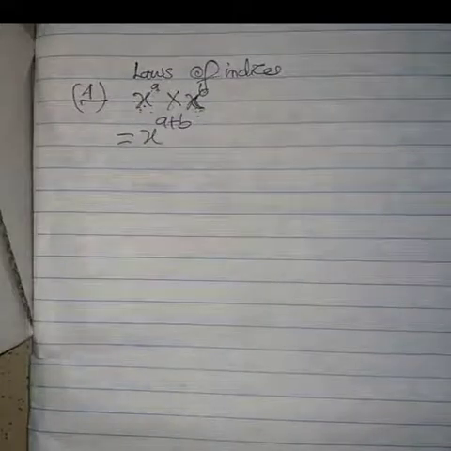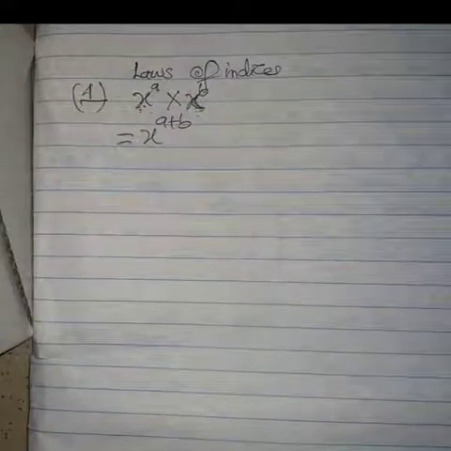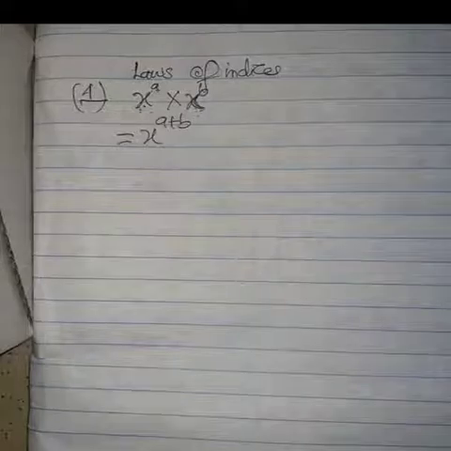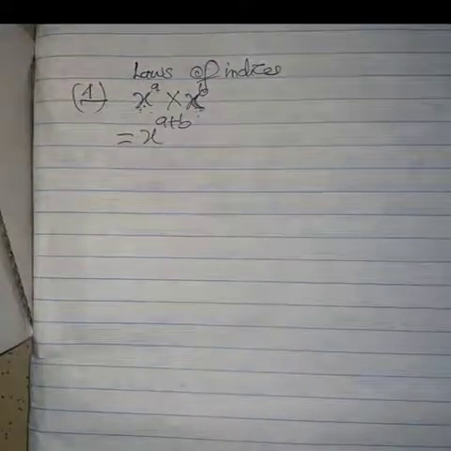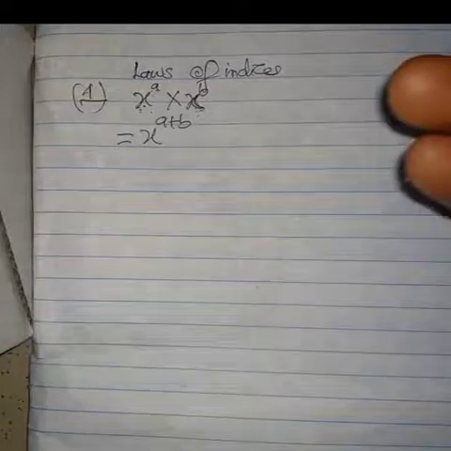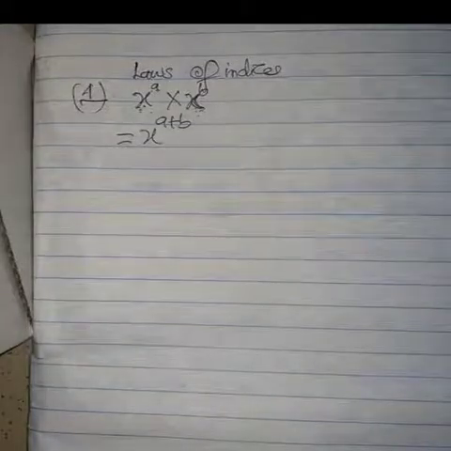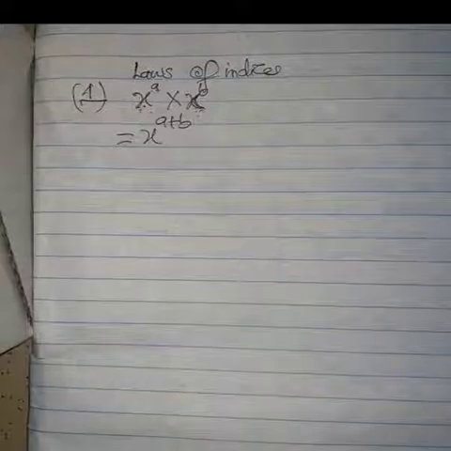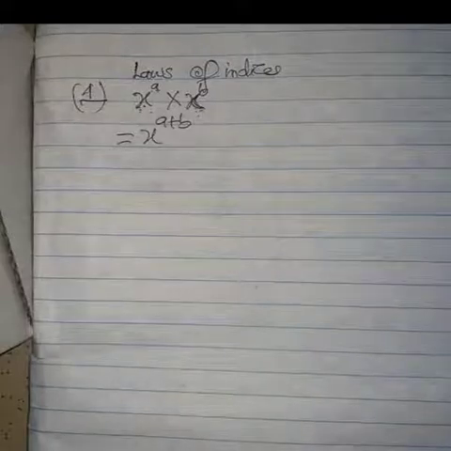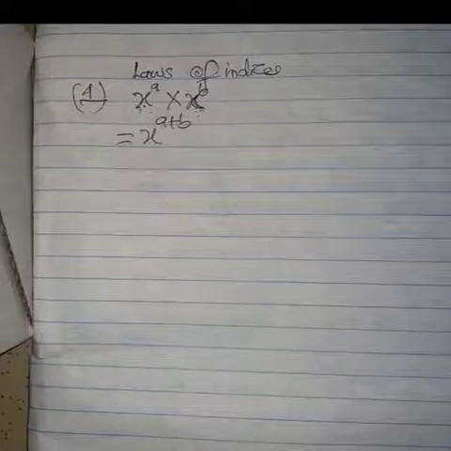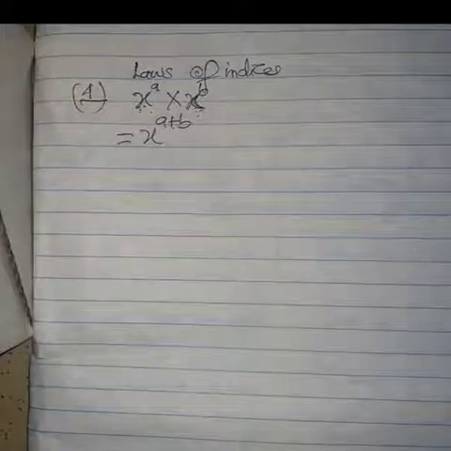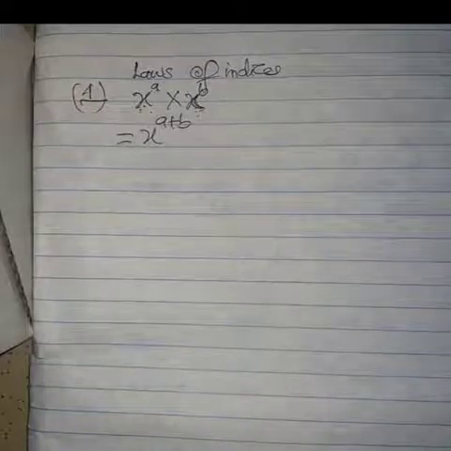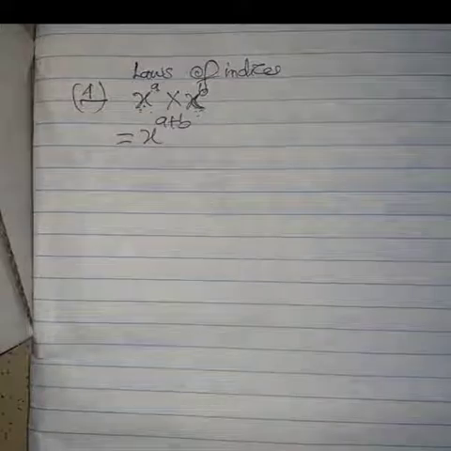If you have a number raised to power a number or a letter, multiplied by another number raised to power a number or a letter, all you need to do is, as long as they are the same, you just pick one of the numbers or the letters.